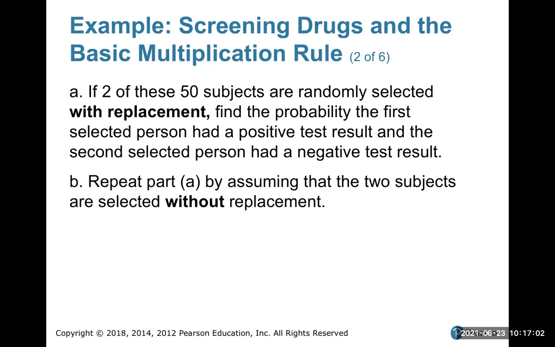They are not dependent because you're putting it back in the pool. So you first draw one person. What is the possibility that that person has a positive test result? Let's answer the first part first. So send a chat to me just for the first part, 45 positive results, 5 negative results, total of 50.